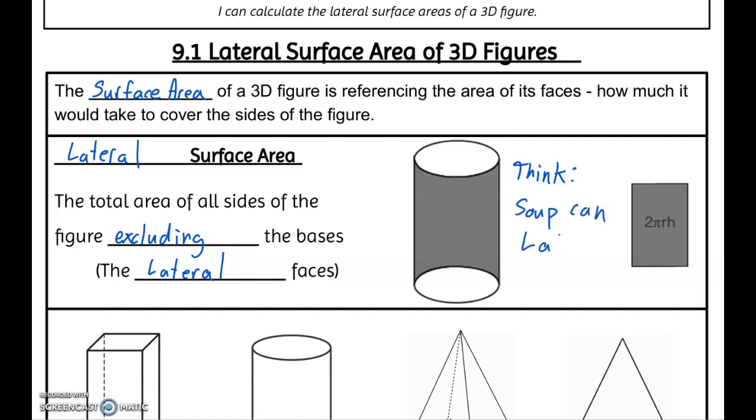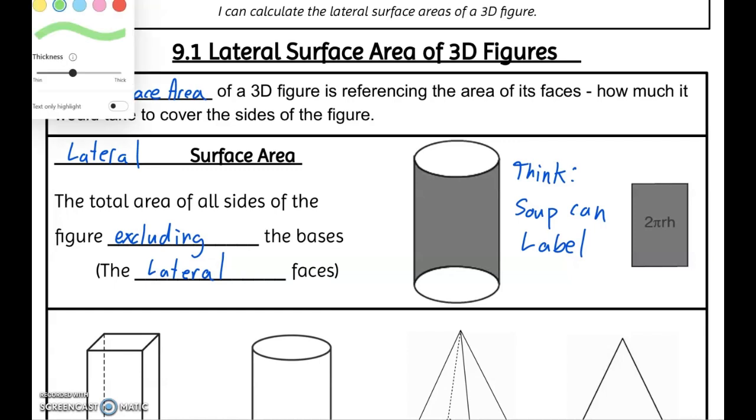The soup can label goes all the way around the shape. It doesn't go on top of that shape, or on the bottom of that shape. So our lateral surface area here is this area right here, all of this shaded section. I'm trying to highlight it, but it's not showing up. So it's the shaded region there.